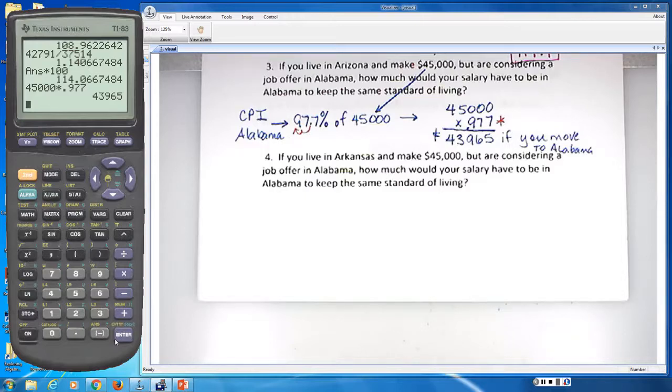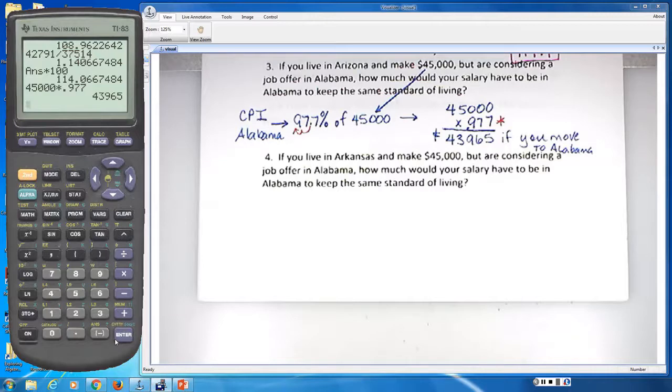So now we're not comparing to the median state, Alabama, where we started out. We're starting out in Arkansas and comparing Arkansas to Alabama. That changes the index. Arizona has nothing to do with it.